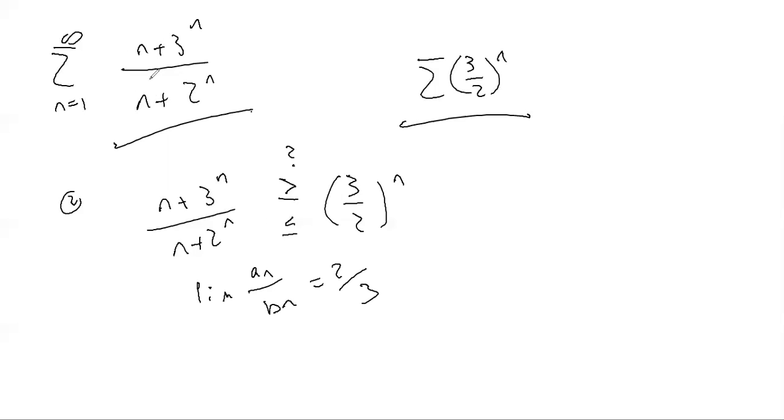If that limit doesn't go to 0, the series has to diverge. So I could have maybe evaluated this limit and said, okay, it looks like this limit's going to go to 3/2, and then that tells me that the limit's not going to 0, so this has to diverge.